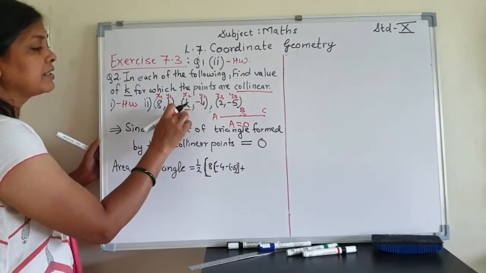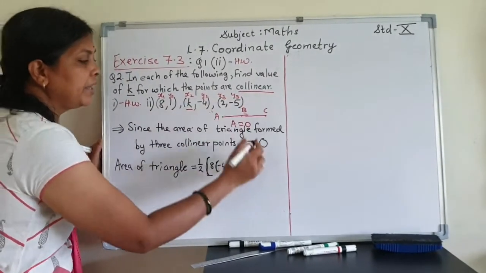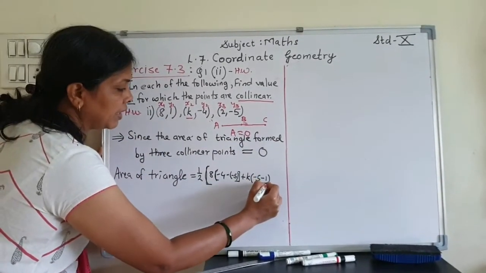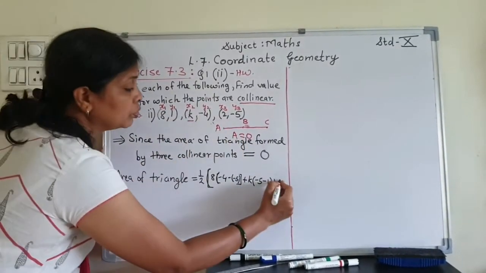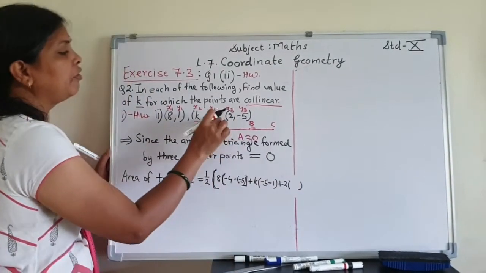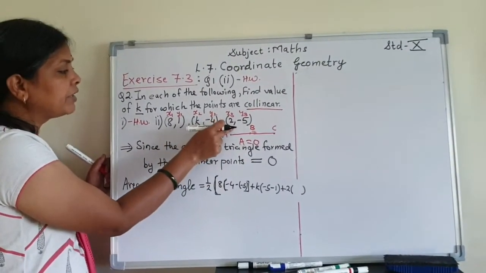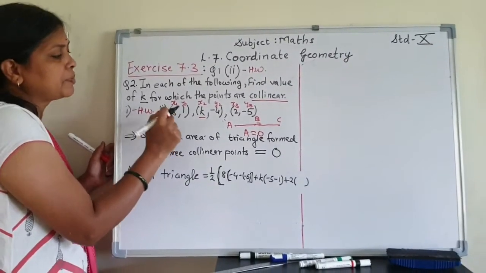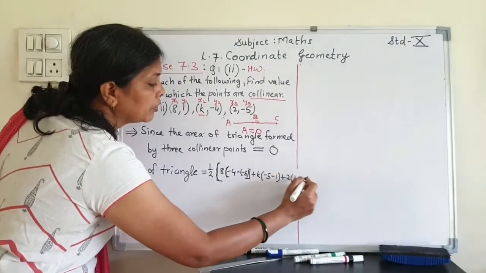Plus, next is k, x2 is k, then y3 is -5 minus y1 -1, plus next x3 is 2. So you have to be very careful while putting the values for these coordinates. Then x3 we have taken, so we are going on the next coordinate of the next point, that is 1 minus of -4.